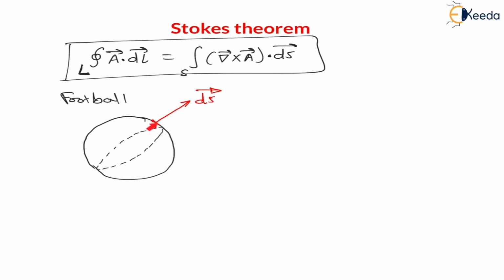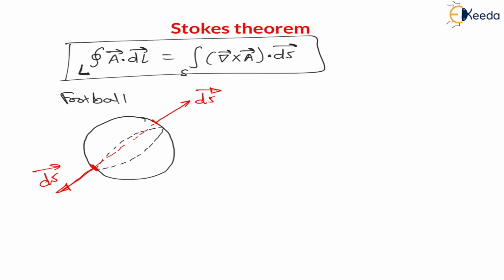And exactly opposite, there will be an exactly similar element, and for this also the area vector will be perpendicular to the surface. These area vectors are in line and of equal magnitude, therefore they will cancel each other.